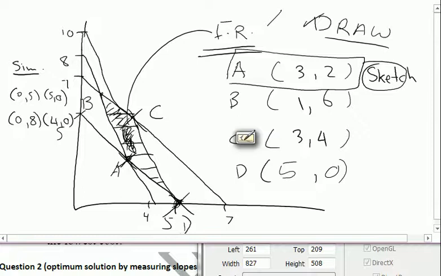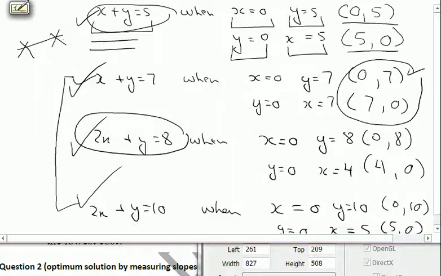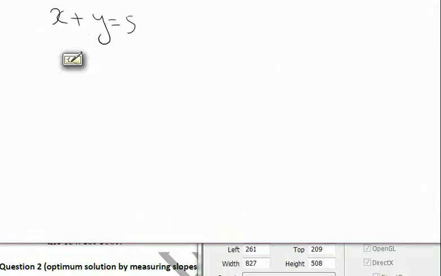We also know that A lies where this line crosses the line which passes through (0, 8) and (4, 0). From our list of points, we know that this should be 2x plus y equals 8.